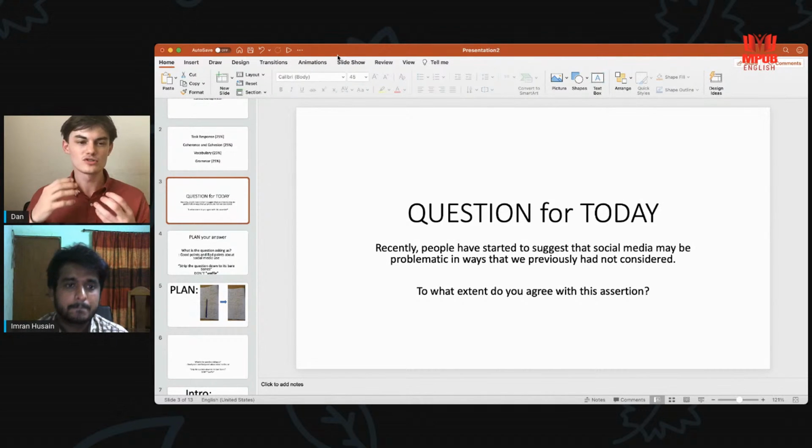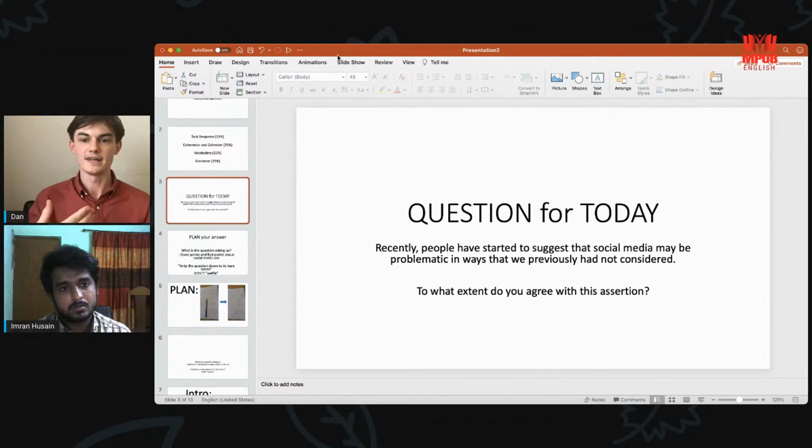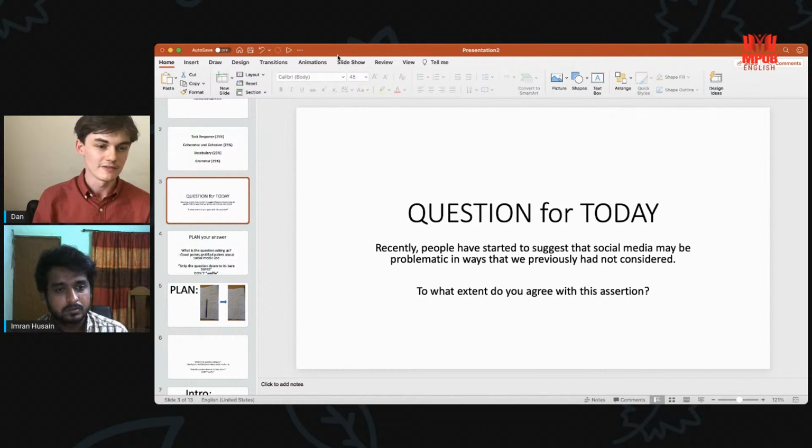So you want to use complex sentence structures like that. Say stuff like, despite social media use being so common, there are many problems with it. That clause at the start doesn't make sense on its own, but it makes sense with something else that adds something extra onto your work. I know for a fact that's something examiners love in IELTS.